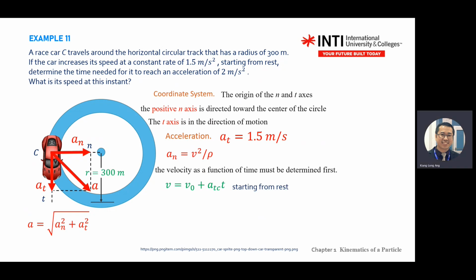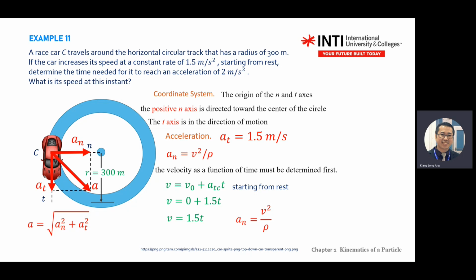You know starting from rest, so this one is 0. Acceleration given 1.5 constant and time. So you get one linear equation here.